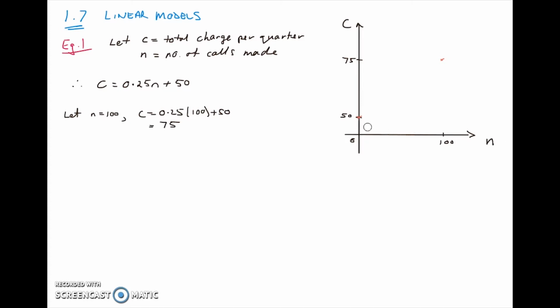However, you'll notice that the scale is not right. So we can just put a break in the y-axis. It just makes it easier for a sketch. We can see that the lower half doesn't work out. And now we can just draw a line through those. Of course, it has to start at 50 because having less than 0 calls doesn't make sense.